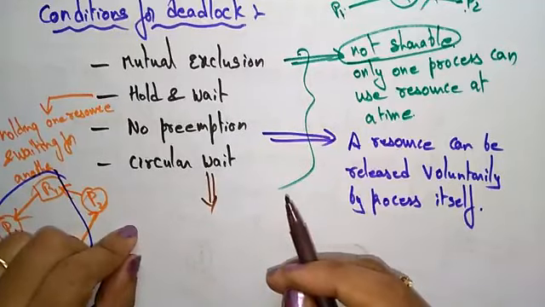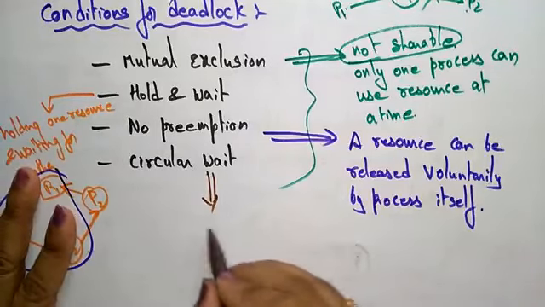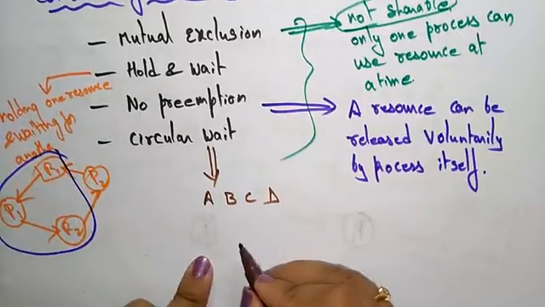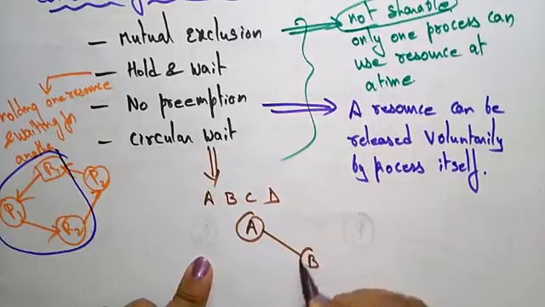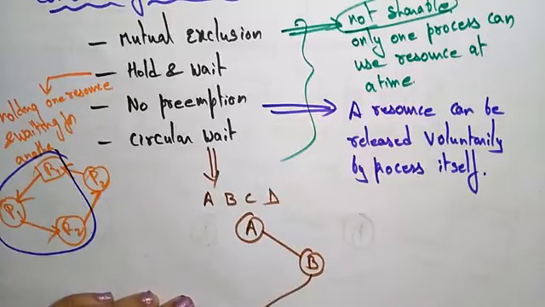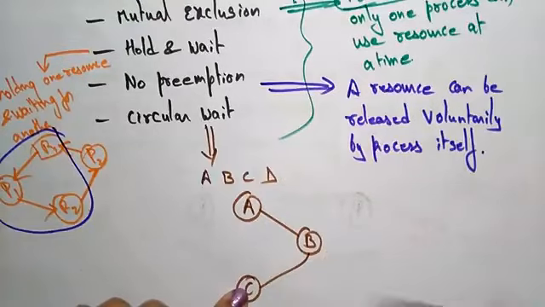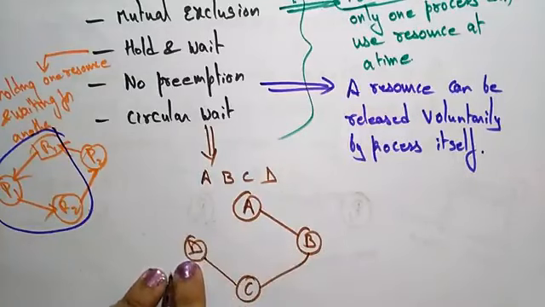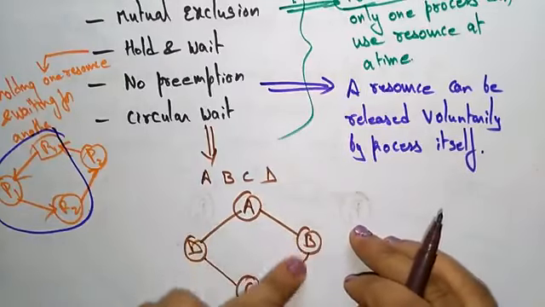Now coming to circular wait. So what is the circular wait? Let us take 4 processes A, B, C, D. Process A acquired some resource which is needed by B. B acquired some resource which is needed by C. At the same time, C acquired some resource which is needed by D. And D also acquired some resource which is needed by A. Here everyone is waiting for another.